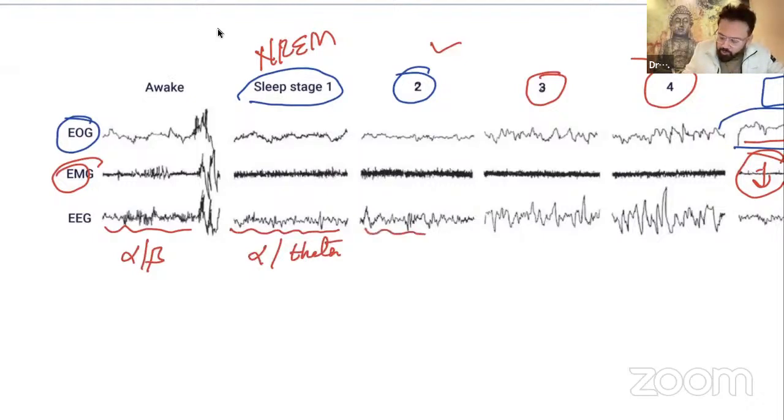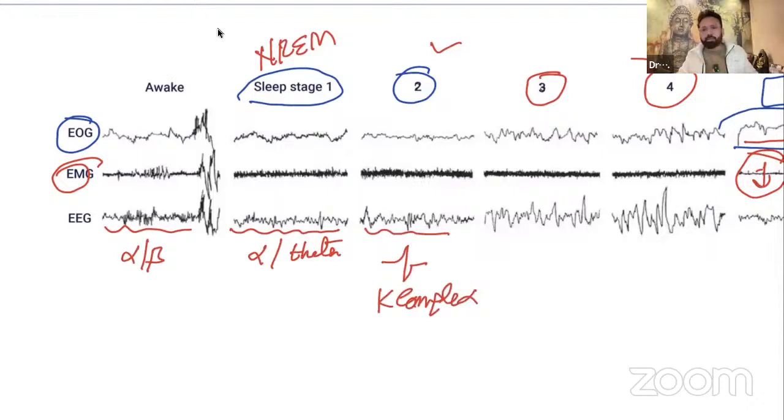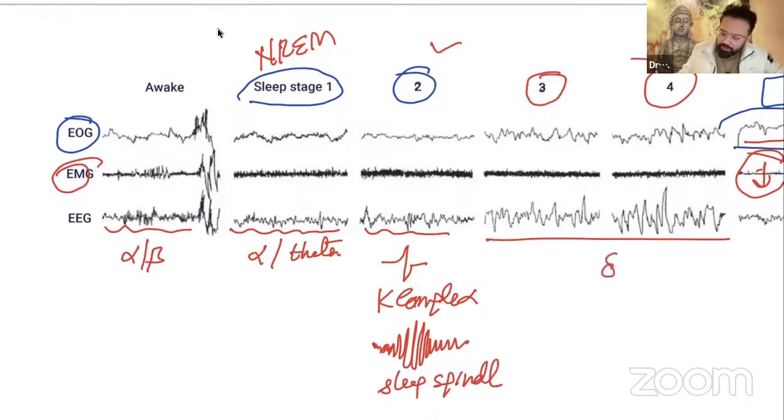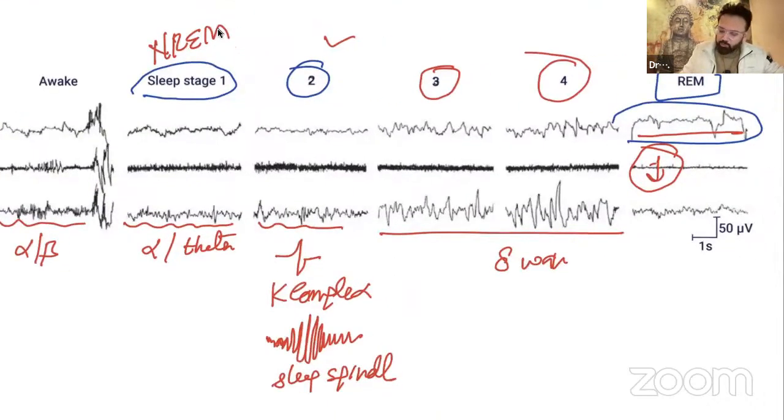In stage 2, you have biphasic K complex, and you have spindles like this called sleep spindles. Stage 3 and stage 4, doctors, you know, delta wave. And REM sleep has alpha wave and beta wave, like now, what we have.